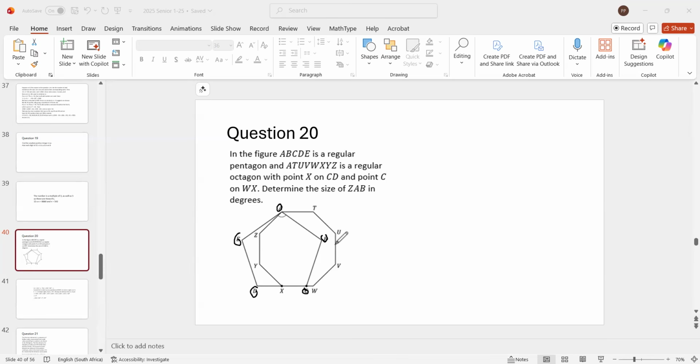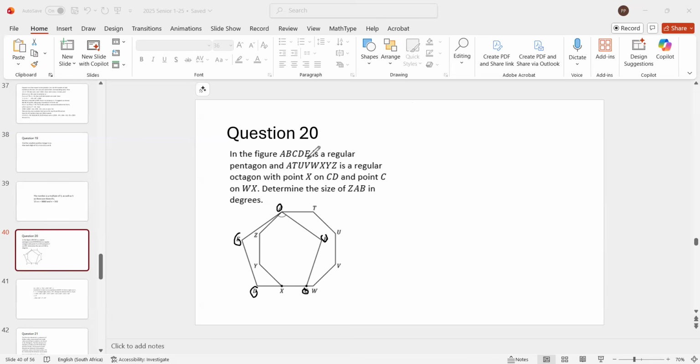So you've got 2 regular polygons. Regular polygons are polygons which have equal sides and equal angles. And you also know that the sum of the exterior angles of any polygon is 360 degrees. I hope you know that.